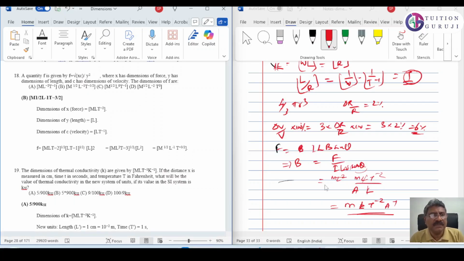A quantity F is given by F is equal to square root of X C divided by Y square, where X has the dimensions of force, Y has dimensions of length, C has dimensions of velocity.